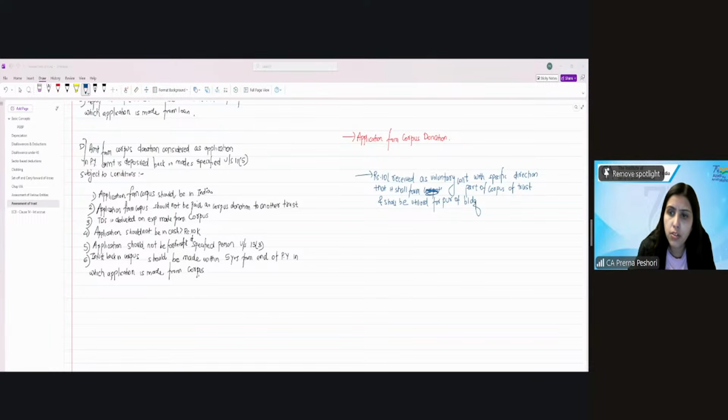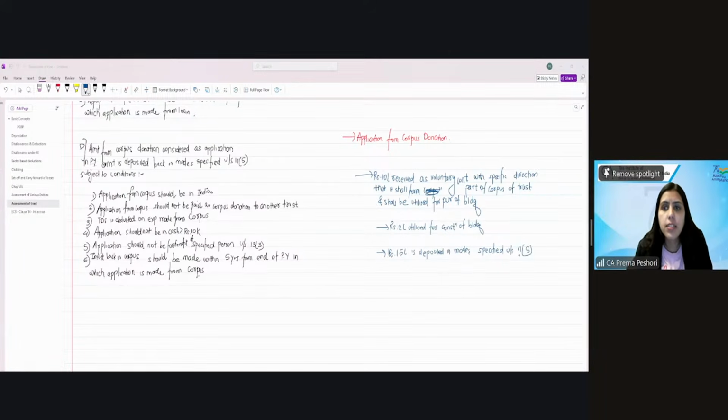Two lakh is utilized for the construction of building, and 1.5 lakh is deposited in the mode specified in 11.5.